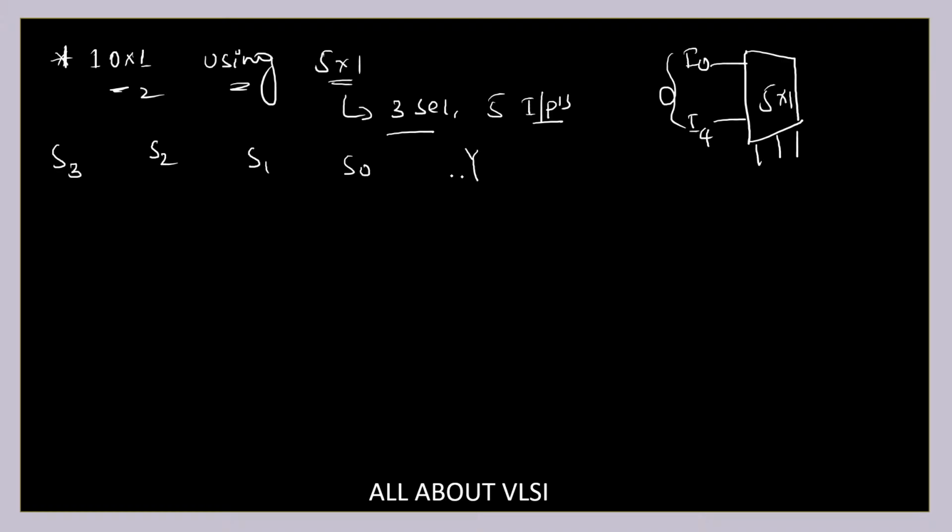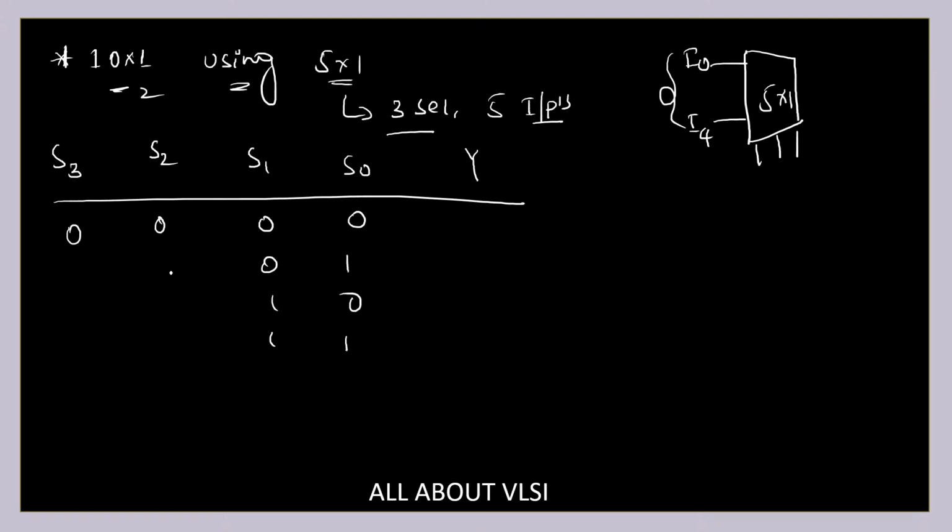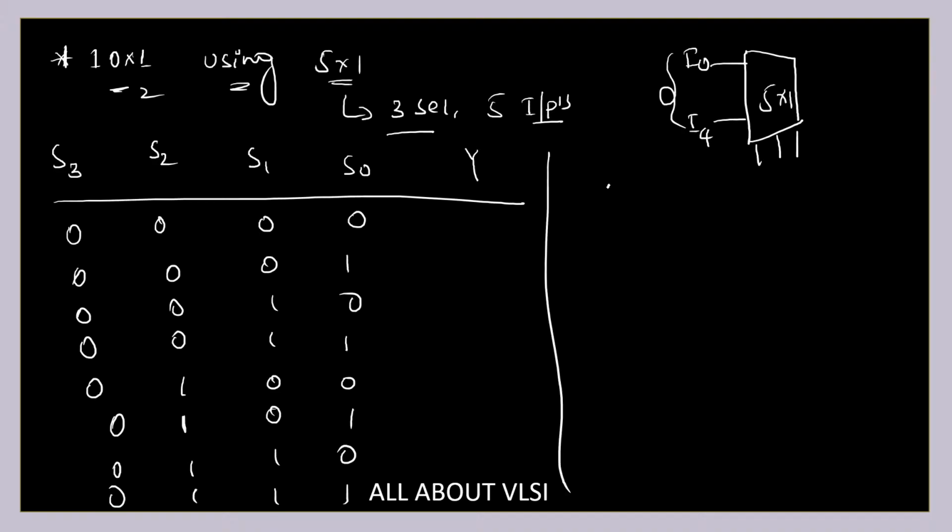And this is my output Y. So 0, 0, 0, 0, 0, 0, 0, 1, 0, 0, 1, 0 and so on, up to 1, 0, 0, 1. This will be my I9. From I0 to I9, I will be having for my 10 cross 1 mux.